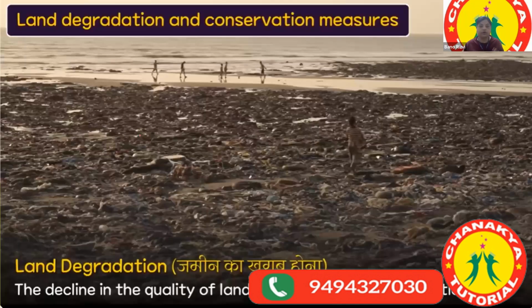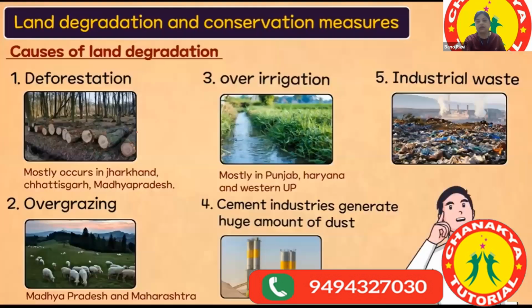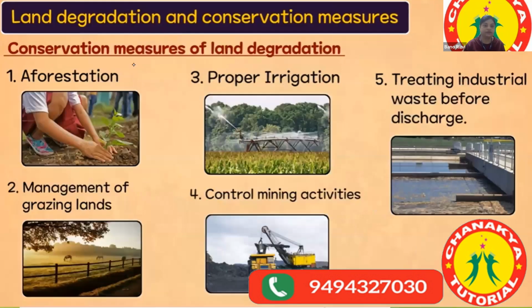Now let's talk about land degradation. What is the definition of land degradation? The decline in the quality of land is known as land degradation. Let's talk about causes: deforestation, overgrazing, over irrigation. Cement industries generate huge amounts of dust, industrial waste.